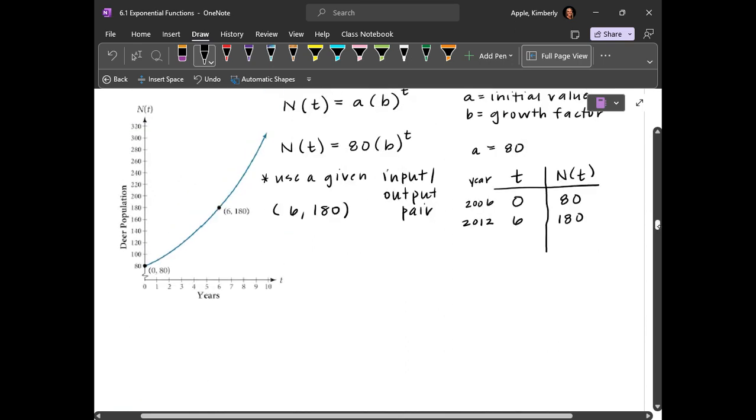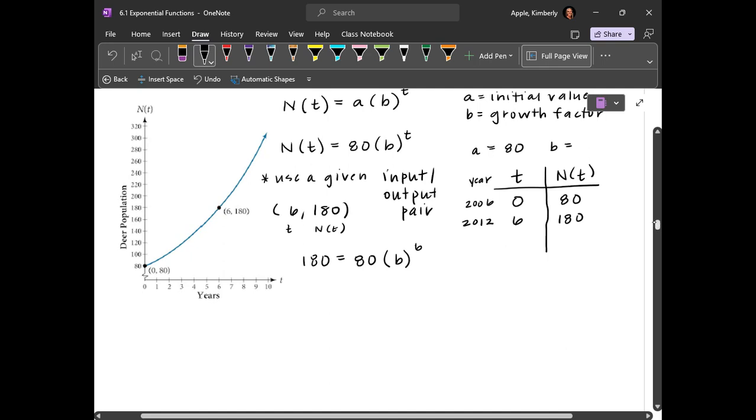Well, what do I even do with this now? Well, the input is T and the output is N of T. So now I can just plug this in to what I already have to solve for B. And then once I do that, I'll have an A and a B, and I can write my function.